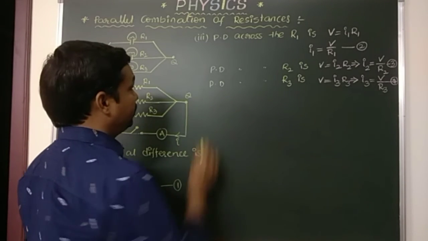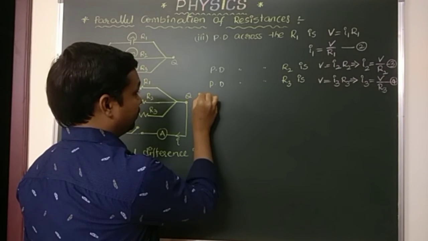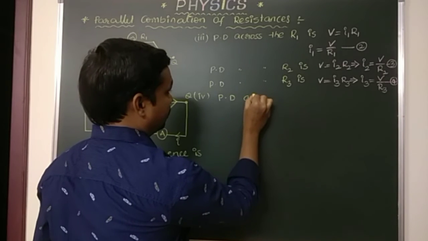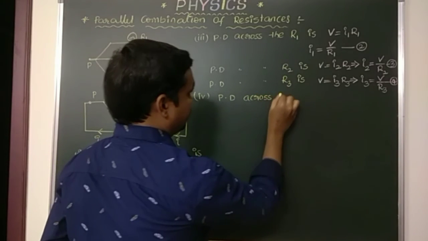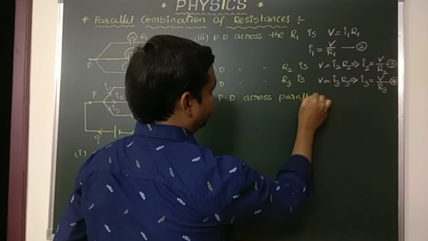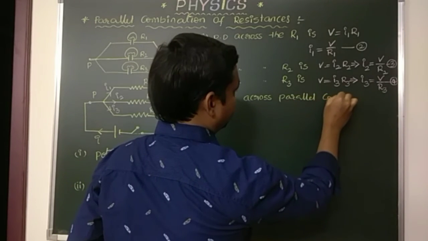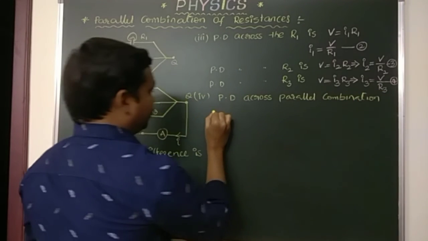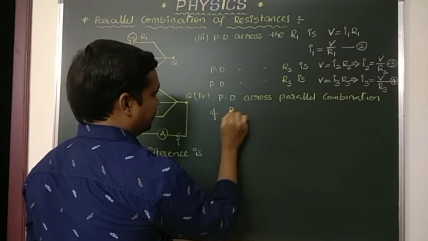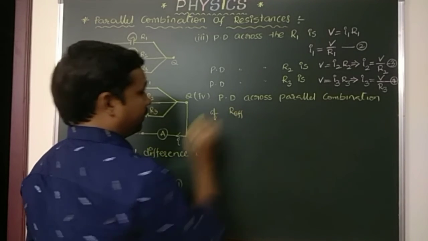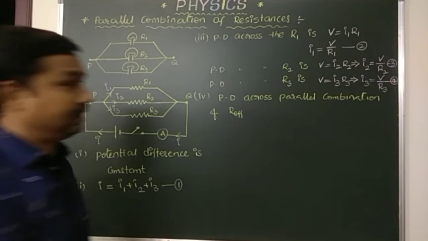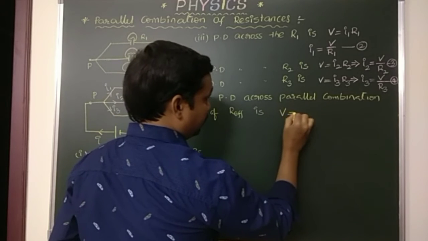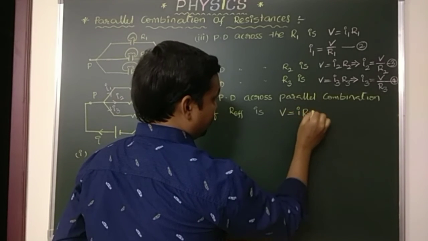The potential drop across the total parallel combination, taking the effective, equivalent or resultant resistance as R effective, is V is equal to I R effective.